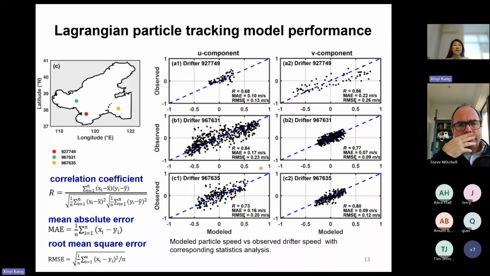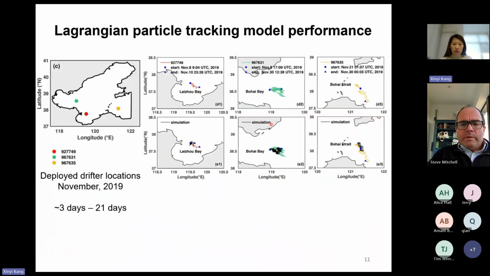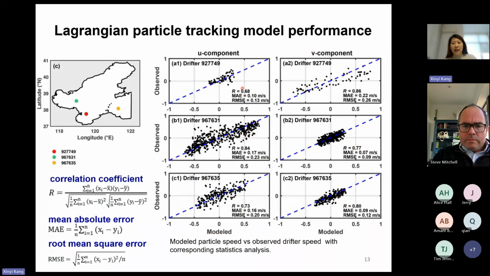And from the statistics, we could see that even though there are some biases between the simulated and observed tracks and speed, the model still captured the major characteristics of the particle tracking. So our model is still an effective tool to study the particle transport dynamics in the Bohai Sea.